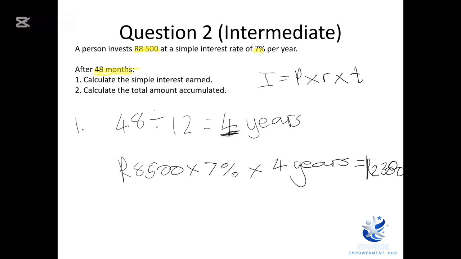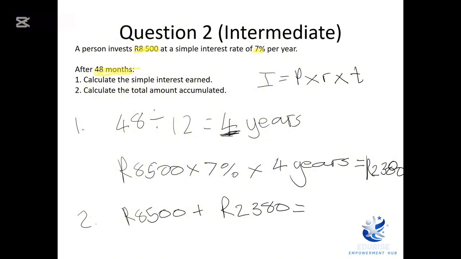Now number 2, they want the total amount accumulated. In this case, what you have to do is add the principal amount to the interest received.